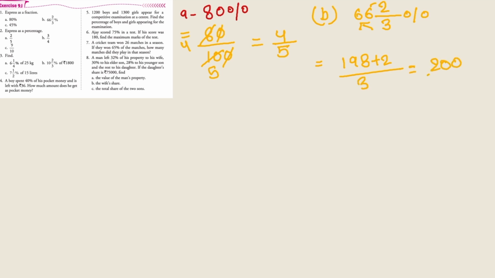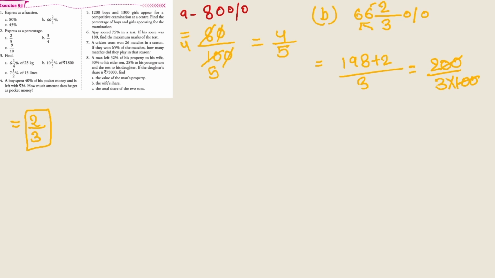Now we will just add 100 in its denominator, and both the zeros will get cancelled out with each other. Now the correct answer is 2 upon 3.